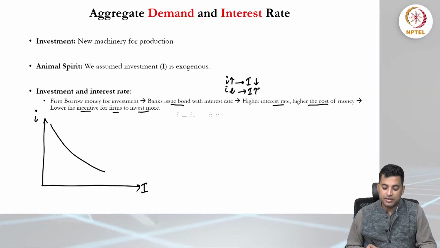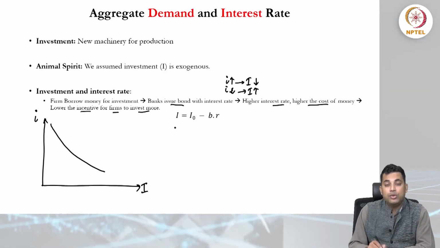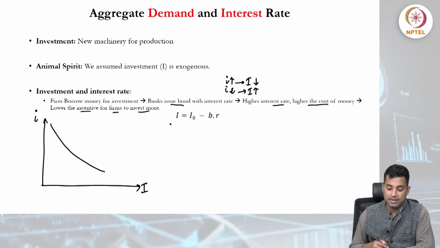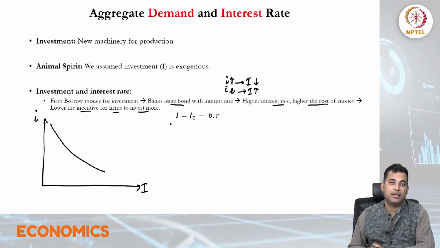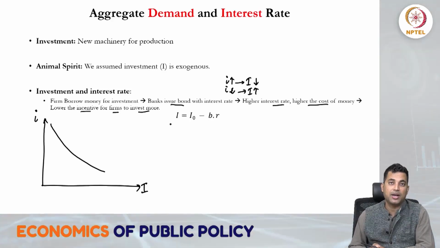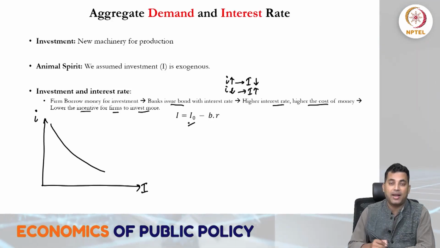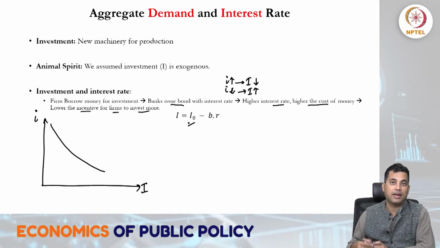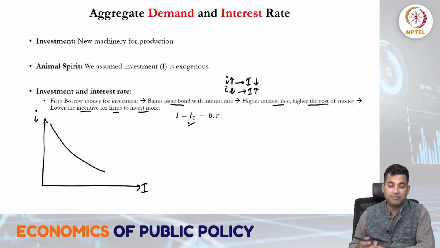In equation form, we can write that the total I, capital I, the investment, can be written as equal to I naught, where I naught is the planned investment, which is fixed across the time. So it's a fixed investment.